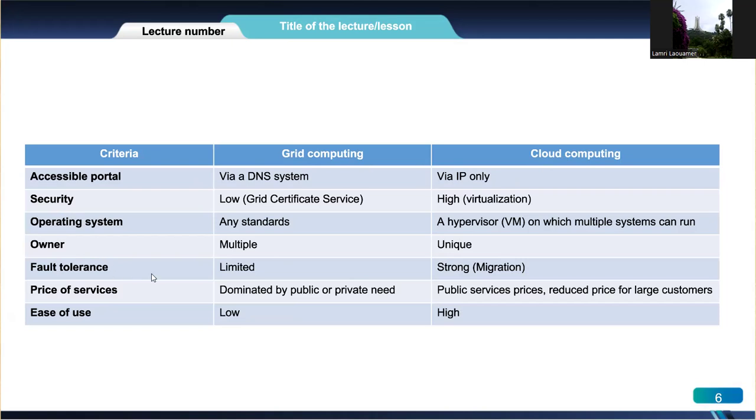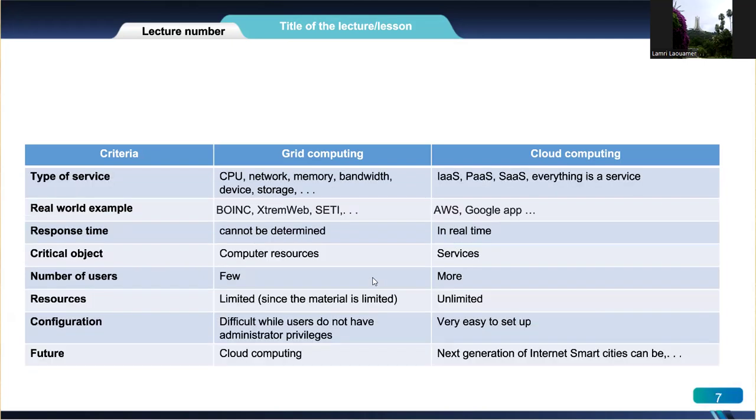For fault tolerance, it is limited in grid and strong, based on migration processes, in cloud computing. So these are the main differences between cloud and grid based on the main criteria. You also have some other criteria here.